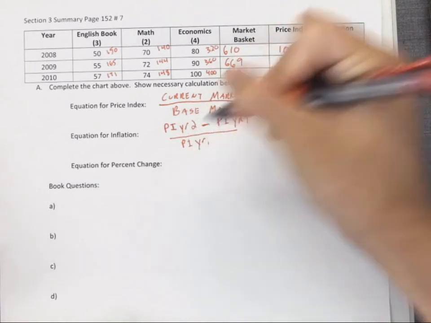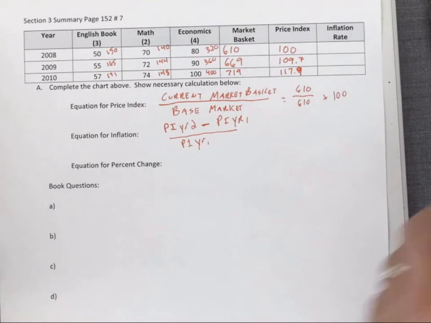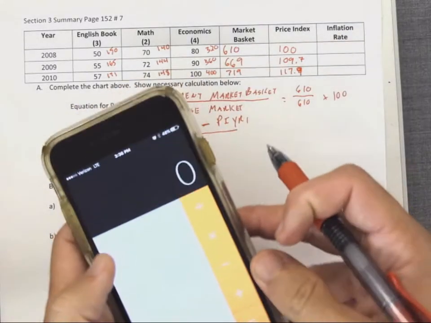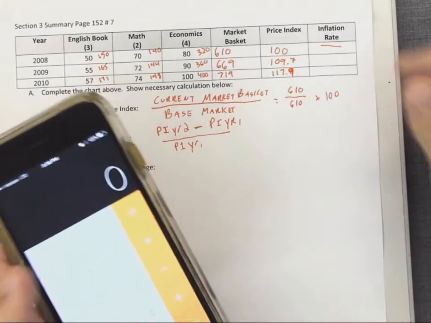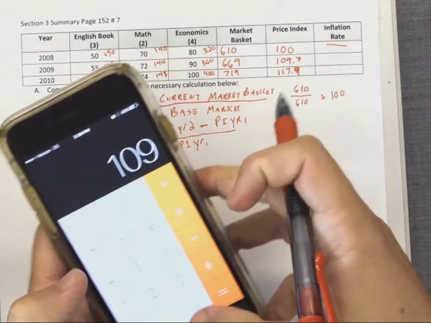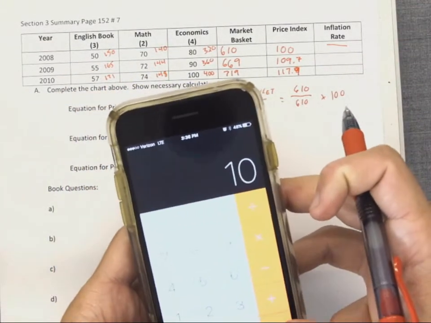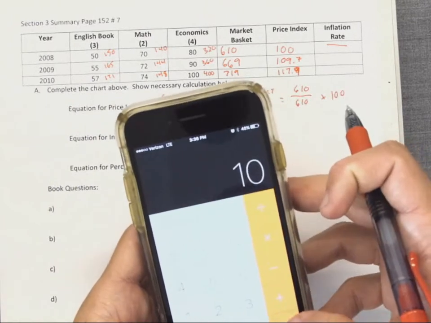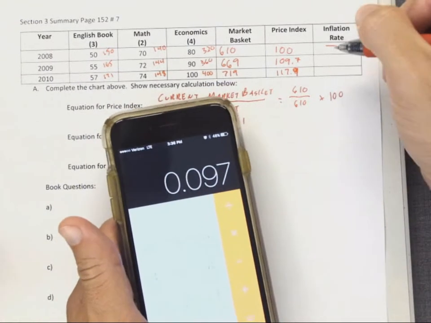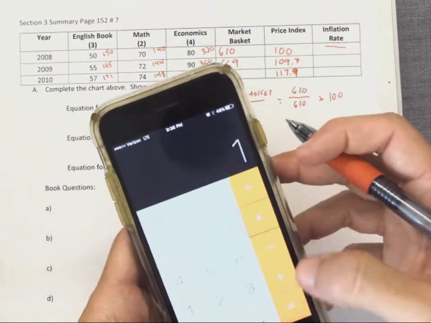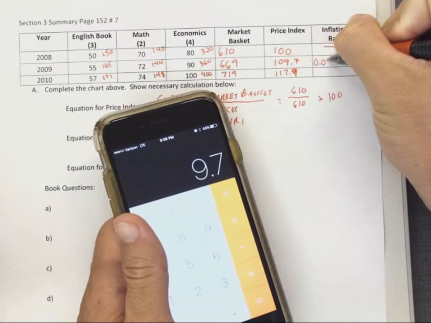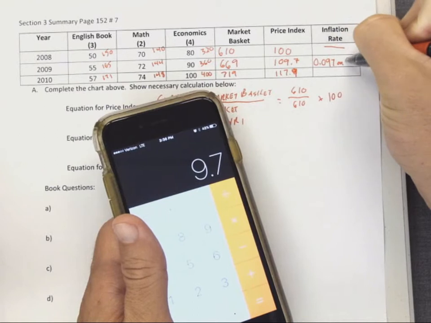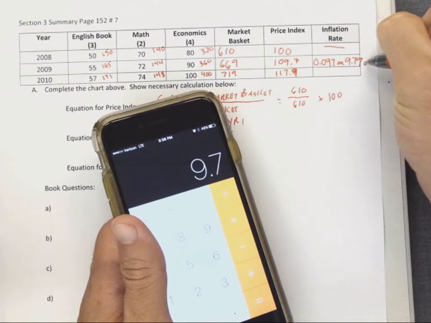So between 2008 and 2009, the inflation rate, and this is always going to be no inflation for the base year, 109.7 minus 100 divided by 100, since we're comparing to 2008, and that would get us an inflation rate of 0.097, 9.7% if you want to make sure it's stated as a percentage.